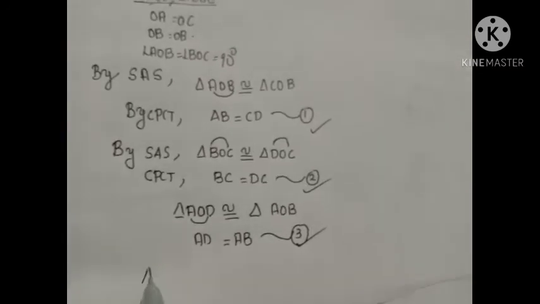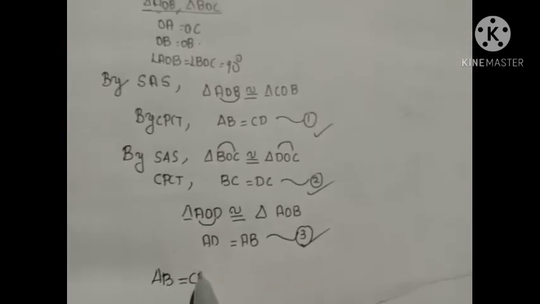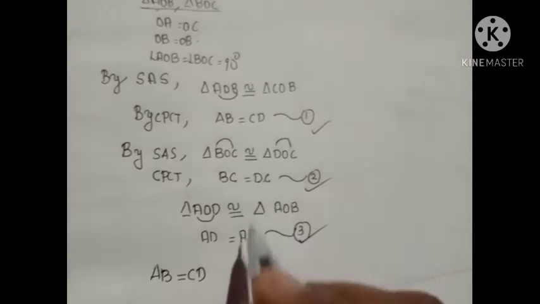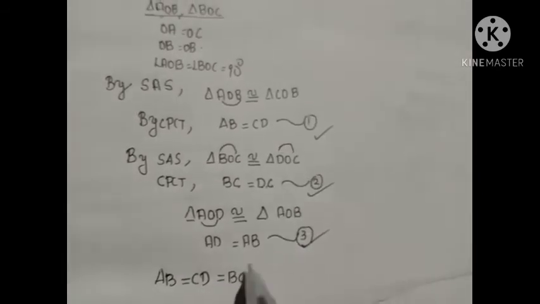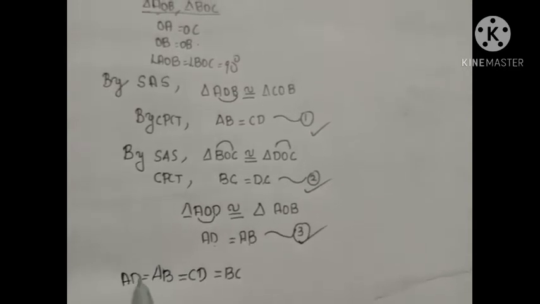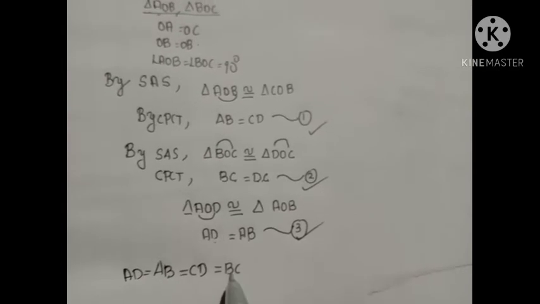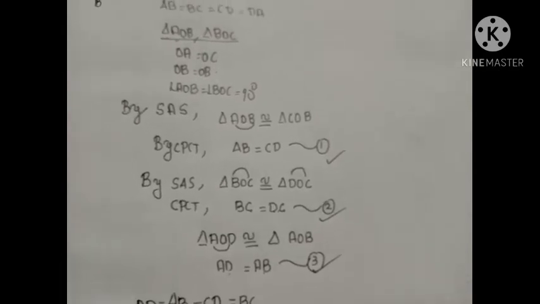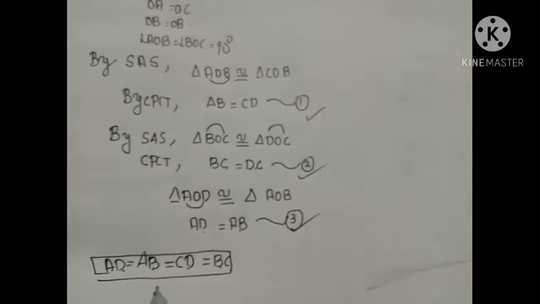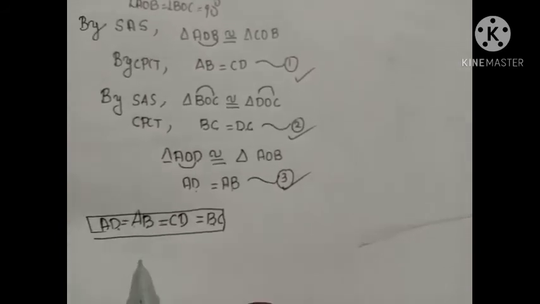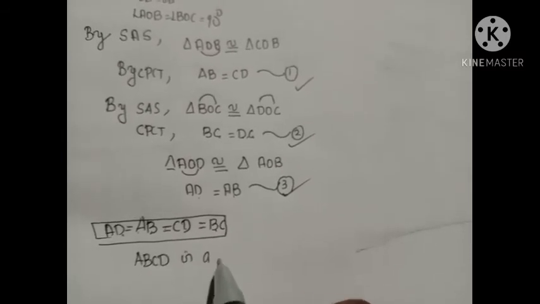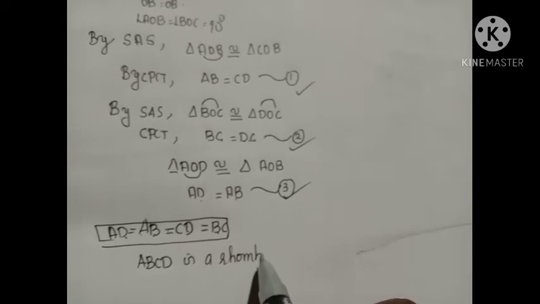First equation is AB equal to CD. Second one, CD equal to BC. Again from 3, AB equal to AD. So AB equal to BC equal to CD equal to AD. These are the four sides of the quadrilateral, and these four sides are equal, which implies the given quadrilateral ABCD is a rhombus.